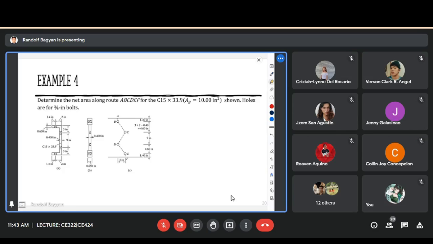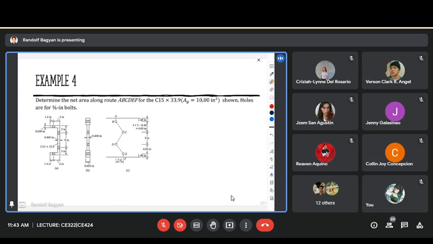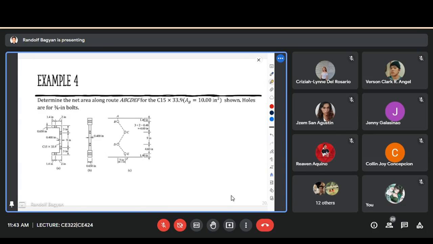Yeah. So we have a channel, and we are to determine the net area along the route A, B, C, D, E, F. Etong isang route lang yun, no? Or failure line. Okay, for the C15 by 33.9 or with gross area of 10 square inch as shown. So the holes are for 3/4 inch holes. So again, 3/4 inch is 19 mm.